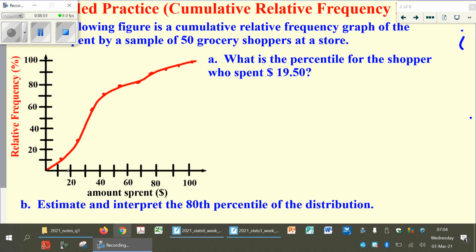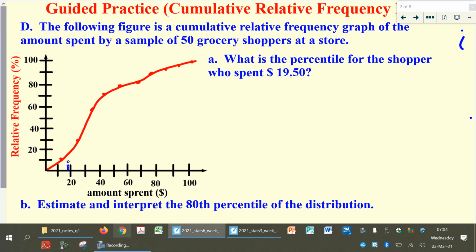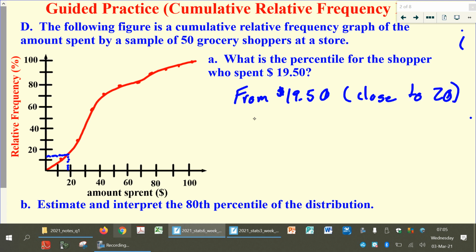Right up against 20, really close, not quite 20. If it's that one, then I can go right across. Looks like it's above 10, not quite to half, so I'm going to estimate it at about 14%. So from 19.50, which we said was close to 20, we went up to the graph and then over to the y-axis.